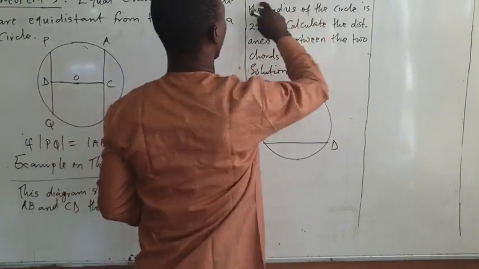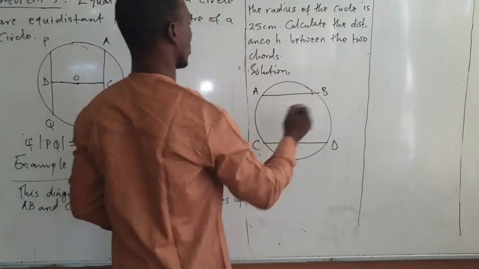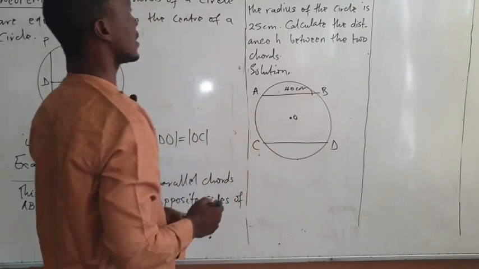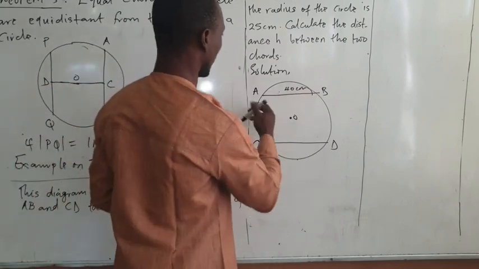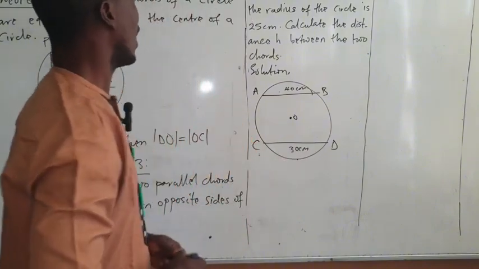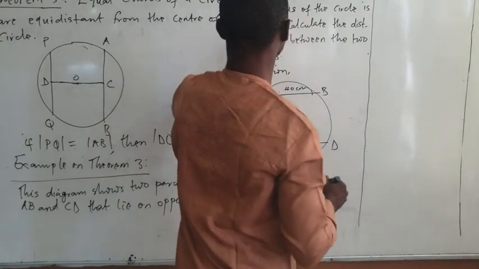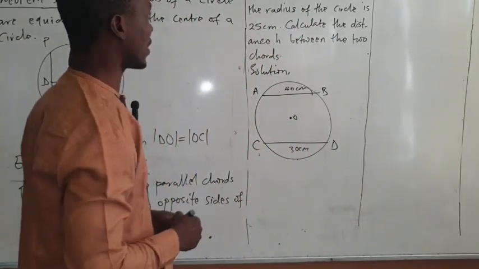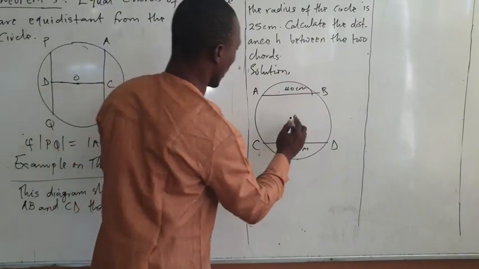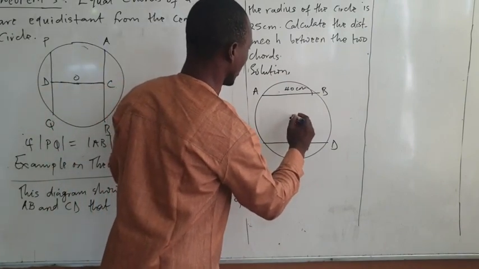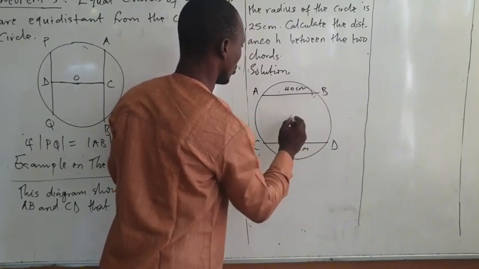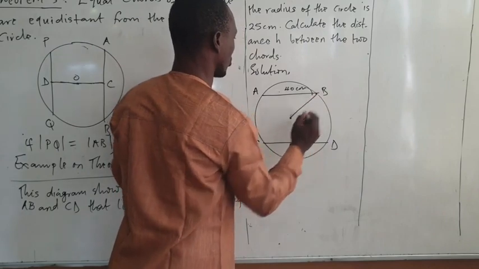The length of AB is 40 centimeters, and the length of CD is 30 centimeters, that is from C to D. And the radius of the circle is 25 centimeters. So here you can just draw your radius like this, to connect the center to the two chords.